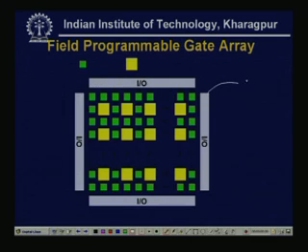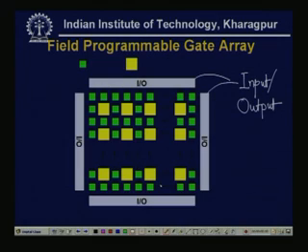These are my input output blocks. If we treat this 2D grid as a matrix, these matrix elements are of two types.